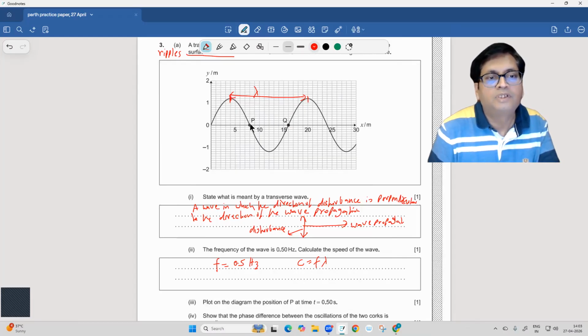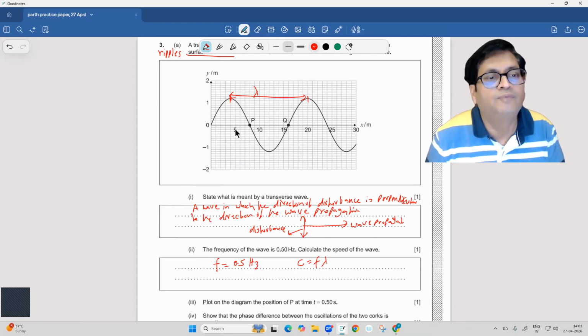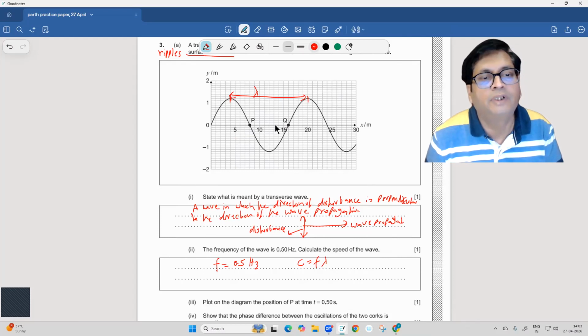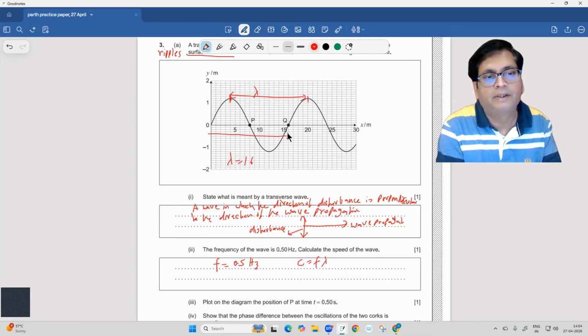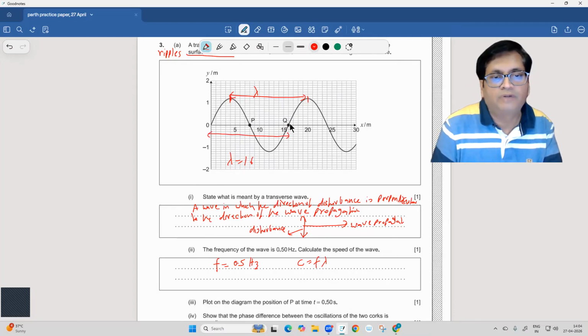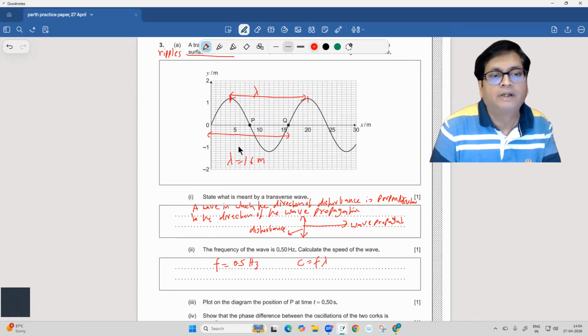Counting from 0, 1 2 3 4 5 6 7 8 9 10 11 12 13 14 15 16, right? So lambda is 16. From here to here is also lambda, one crest and one trough. So lambda is 16 meters, right?